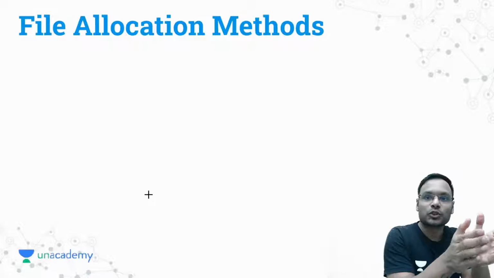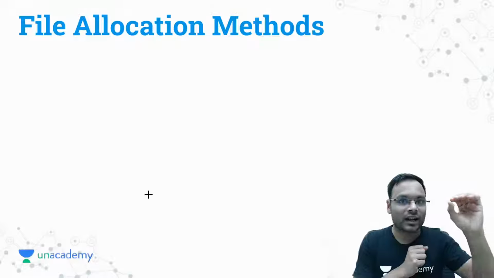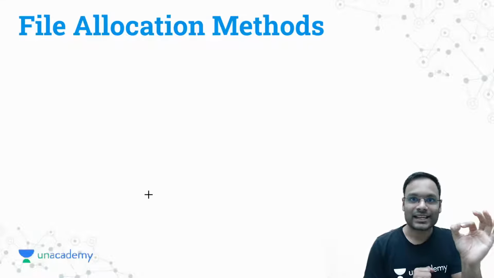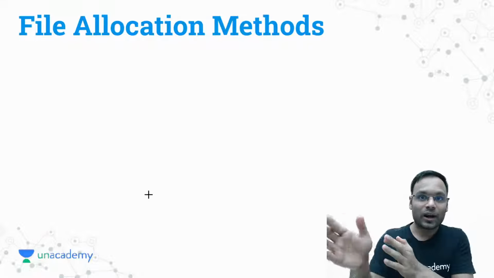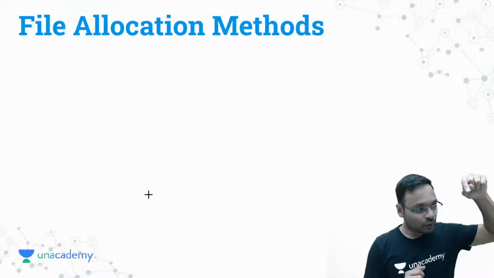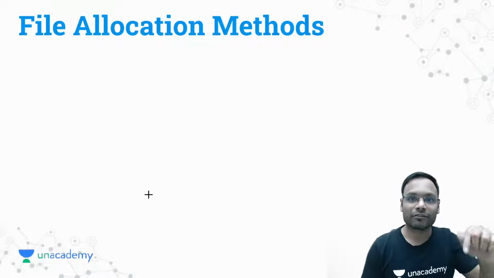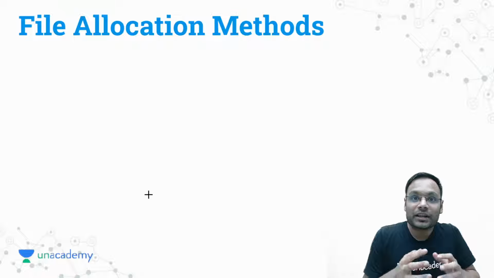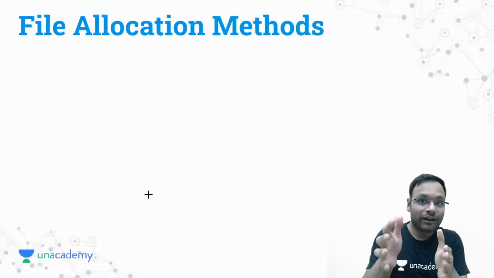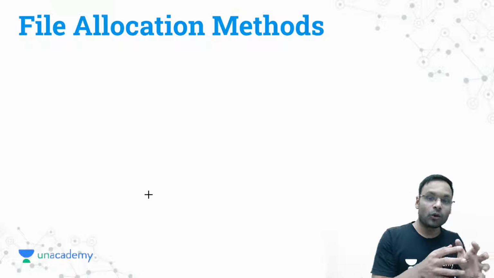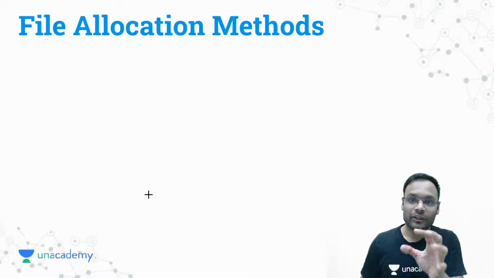The operating system should have a particular accountability of that. The OS should know which block has been used to store this particular file. And that is what the file allocation method is about.